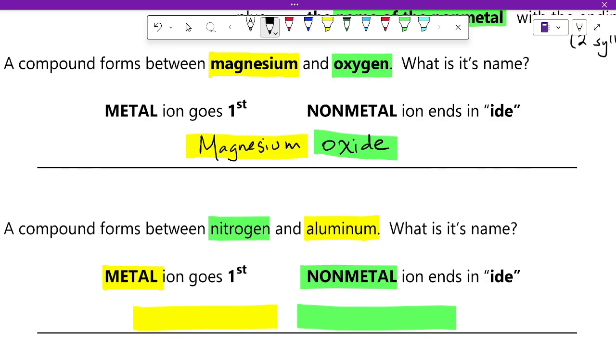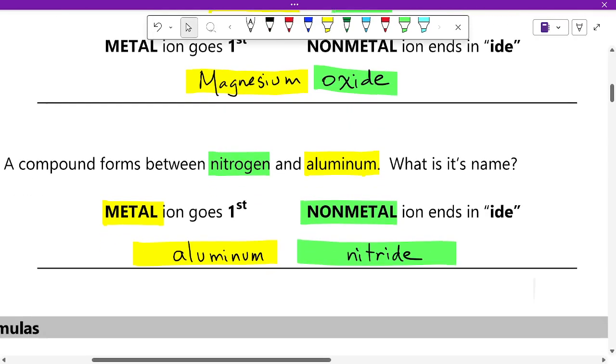Beautiful. Okay, so anyone want to give me the name? Someone who hasn't talked to me yet today? Yes, Ryan. Aluminum nitride, very nice. So it doesn't matter what order I write them in the question, it always goes metal first, non-metal second.